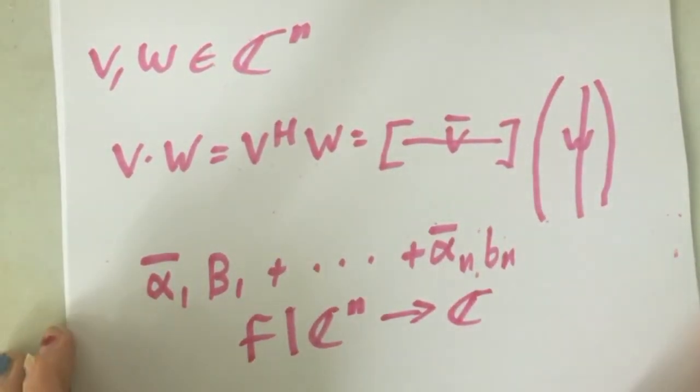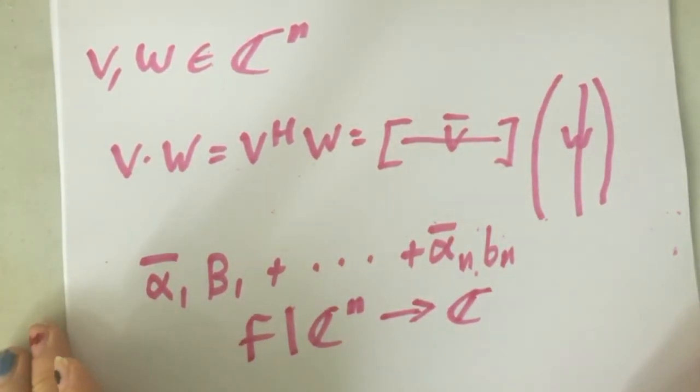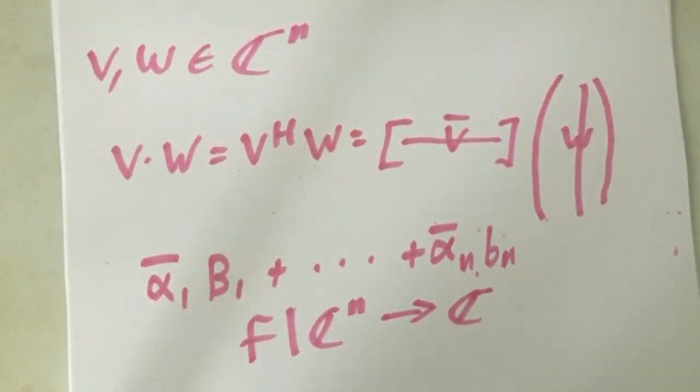And this holds in general for any vector space. You can define this sort of thing from the vector space to its field of scalars. These are what we call covectors. They're basically 1 by n matrices in some sense, and the space is isomorphic to the vector space itself.